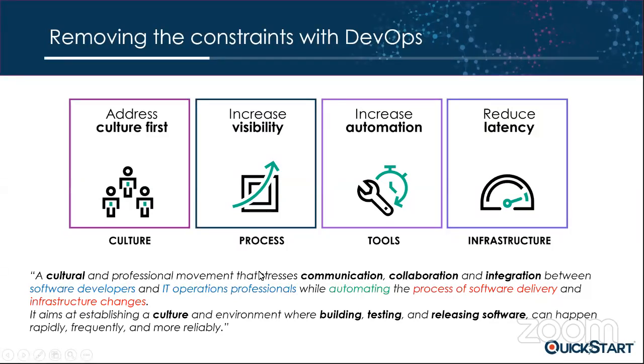I will give you this good definition of DevOps: a cultural and professional movement with communication, collaboration, and integration. It's not only infrastructure or automation. Value stream mapping will be part of this process knowledge area, increasing visibility.